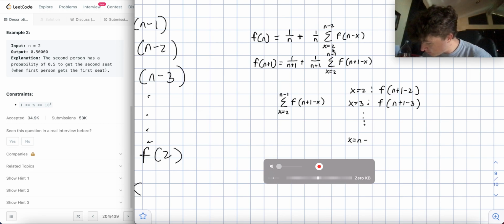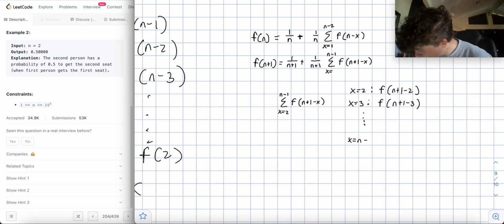So I apologize. Okay. So if we started at 1, that would be minus 1, minus 2, n minus 1 is the last term. And that would be f of n plus 1 minus n minus 1.